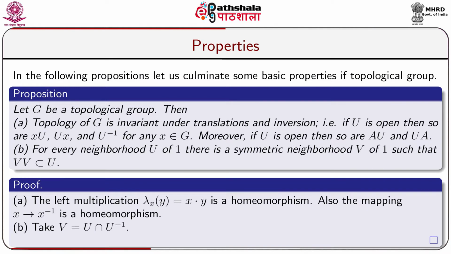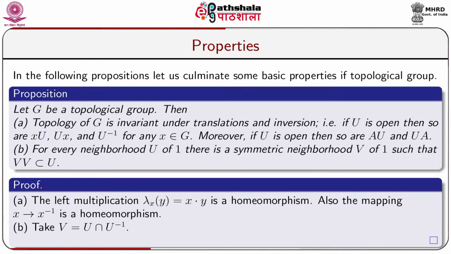So, what is the advantage of a topological group? In fact, for a topological group, it is sufficient to know the behavior of the topology near the identity, or we can say at the point identity.